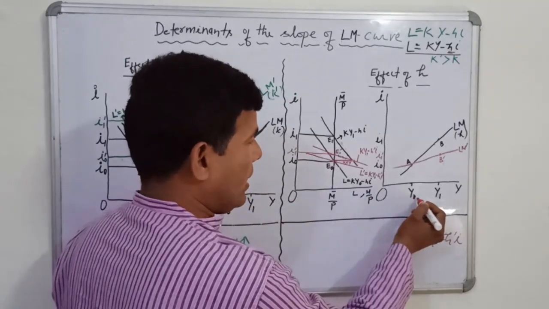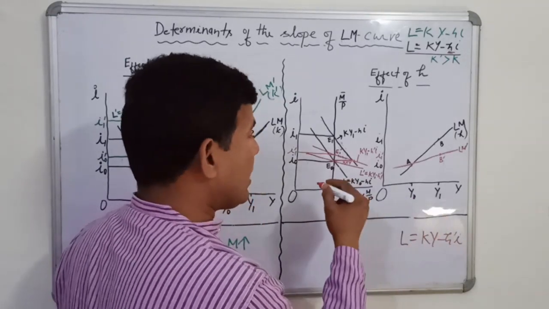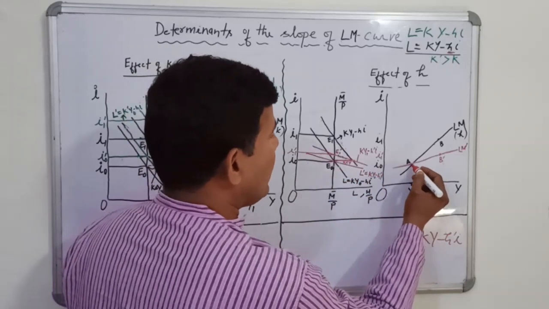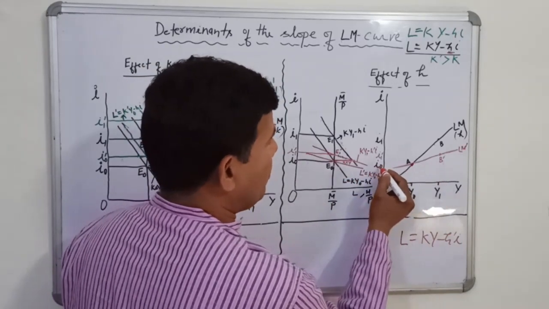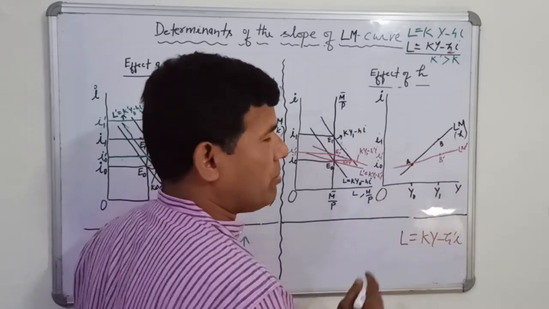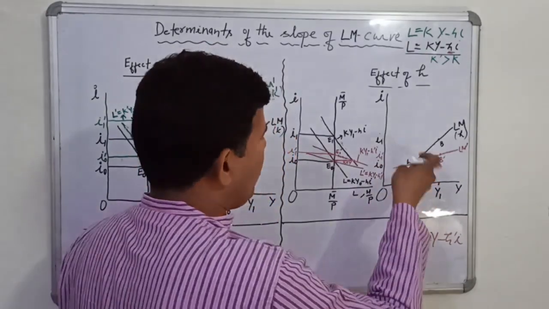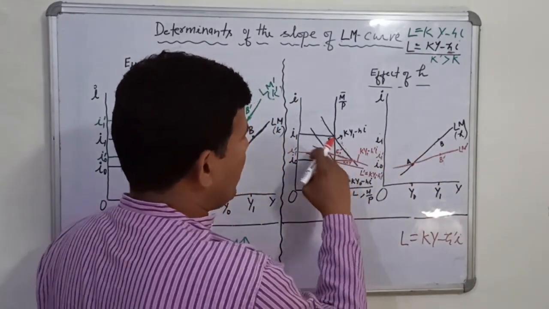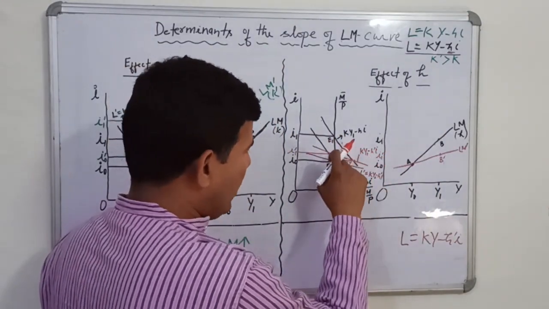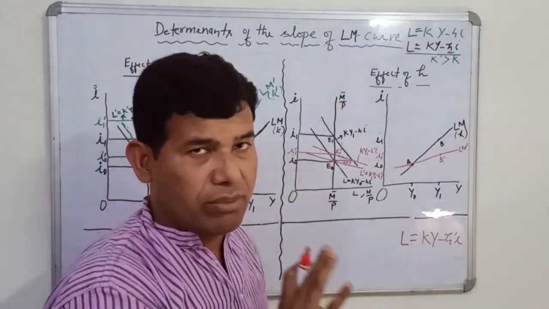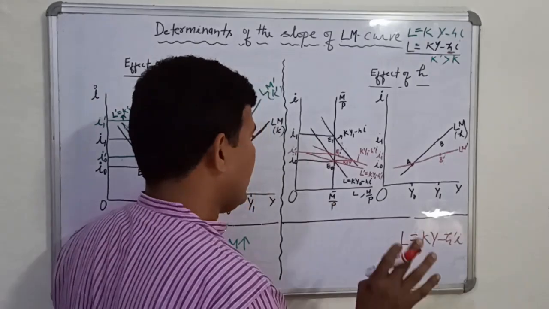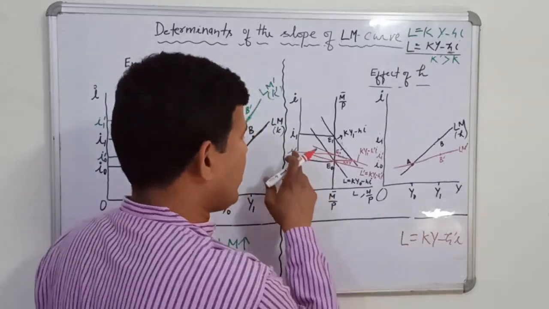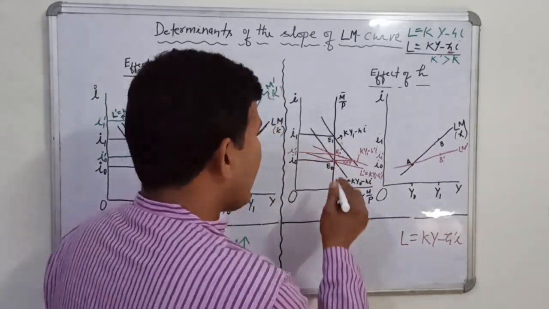Y naught, such that the money market is in equilibrium. So let us say that the combination of I naught and Y naught is represented by point A. You can have point A anywhere if you put this money demand line below E naught or above E naught. That will not make any difference to our analysis. As I said, for simplicity, I am drawing it through E naught.